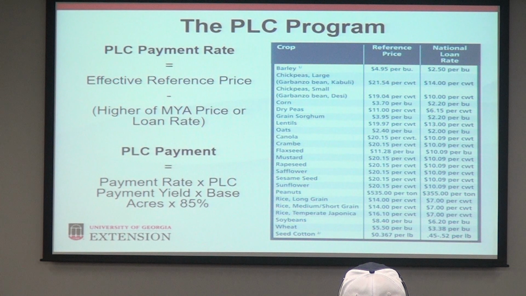We're looking at just the reference prices, which were the same as under the 2014 Farm Bill. So the PLC payment rate is the difference between that reference price and the higher of the marketing year average price or the loan rate, where the marketing year average price is the national price. And then those payments are based on the PLC payment yield, the base acres, and 85% of that. So that stays pretty much the same as it was.